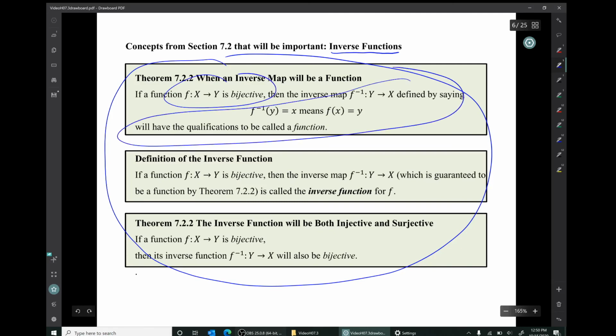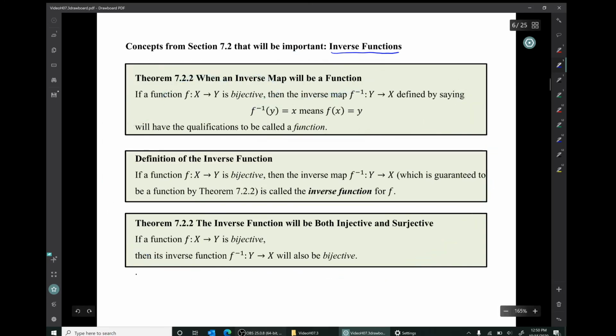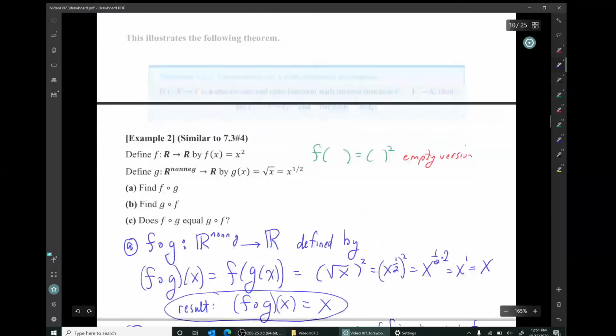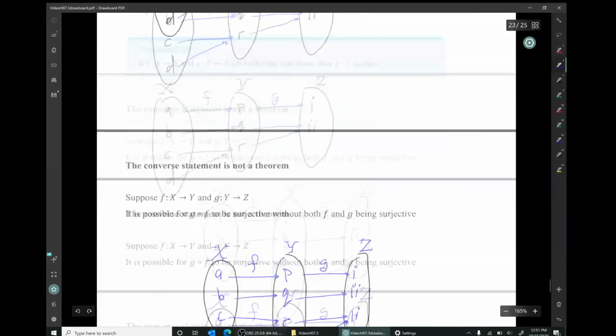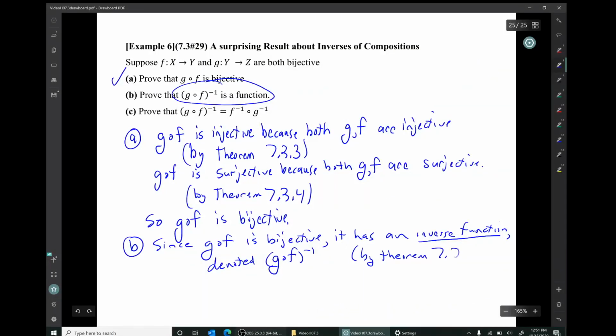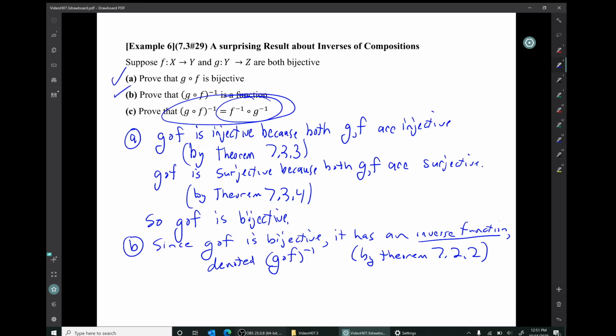So Theorem 7.2.2 is the theorem that we need to use. So we've done that. Now here's the surprising thing. Prove that the inverse function of G composed with F is F inverse composed with G inverse. Well, we'll do that on the next page.